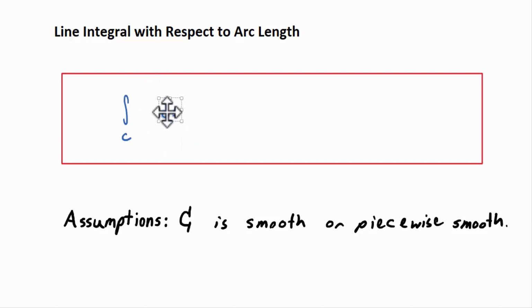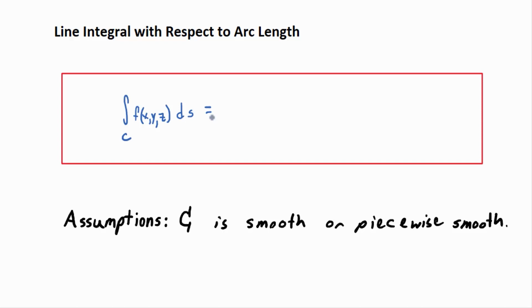It could be 1, 2, or 3 variables, but we'll look at the 3 variable case, f of x, y, z. It could just be f of x, y if you're talking about a curve in the plane. So that's the integral over a curve c of f of x, y, z ds. That's the notation for the line integral with respect to arc length.